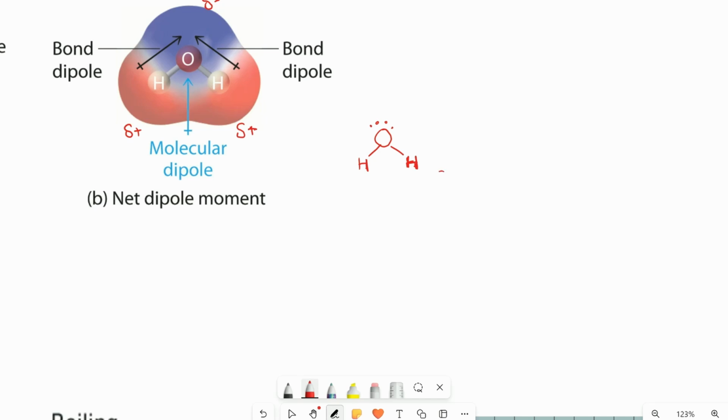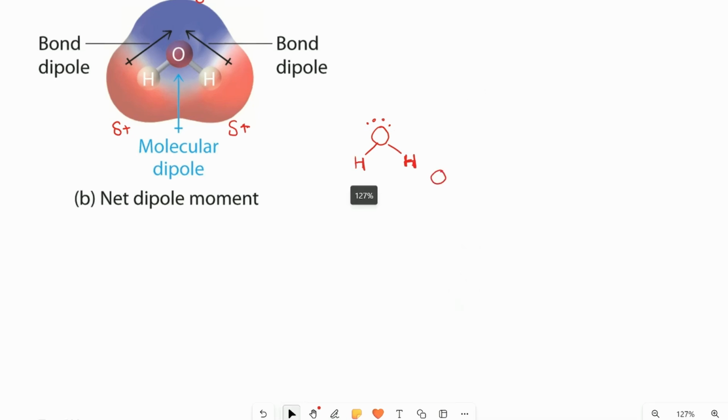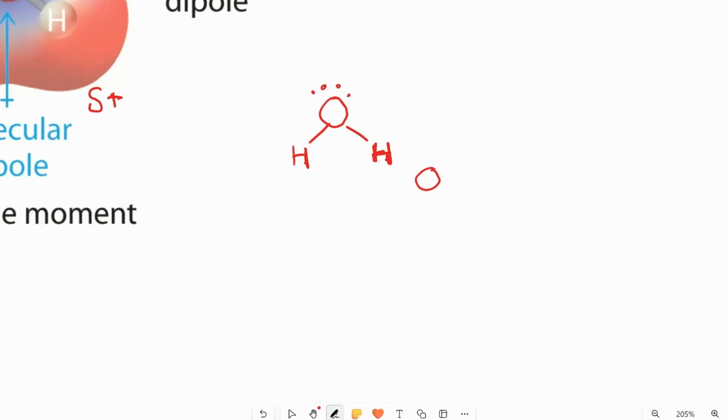Why is it so small? Okay, so what happens here? You can see the lone pairs on oxygen are going to be attracted to the slightly positive hydrogen. Now, this attraction is actually quite strong.